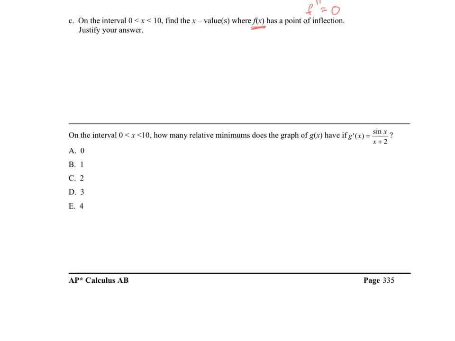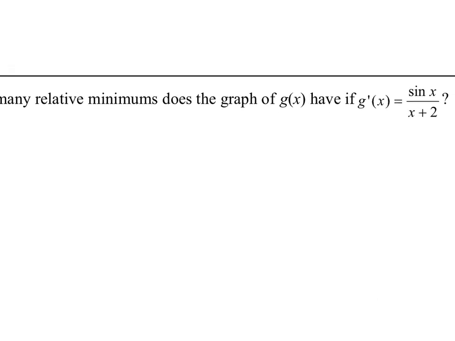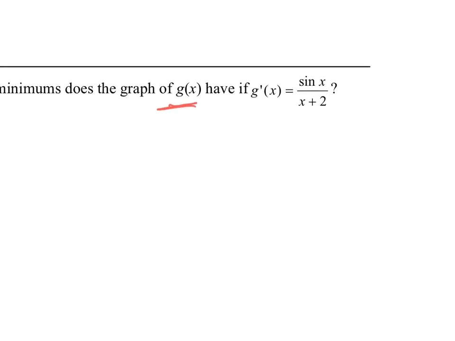And last problem. On the interval, how many relative minimums did G have? Oh, not F, G. G is this little bugger. That's G prime. I need, wherever G prime of X was equal to 0 would be relative max and mins of G. He's asking me to do the quotient rule.